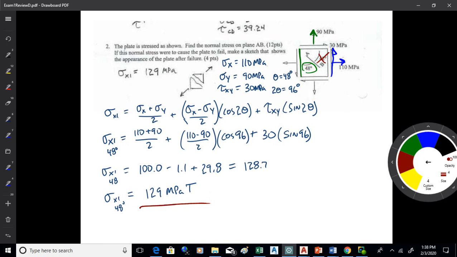Then I went ahead and asked, if that stress was applied to that plane, what would the element look like after that if it failed? And there's the sketch right there. So that's a positive stress, which means tension. The stress is normal, which means perpendicular to the plane, so it would just pull that element apart. That's where that sketch comes from.